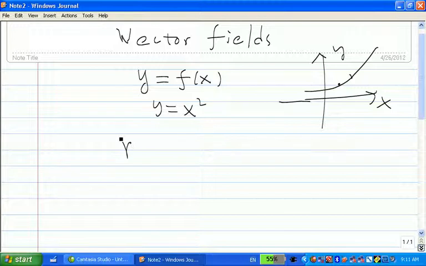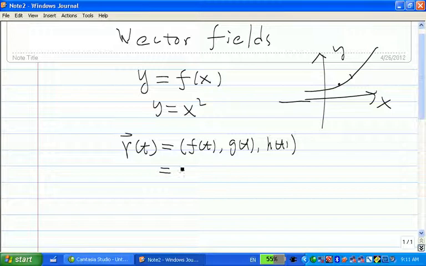The second type of function we learn is r(t). I put the arrow on the top of r, which means r is a vector. It's a vector that could have 2 components or 3. Let's say 3.